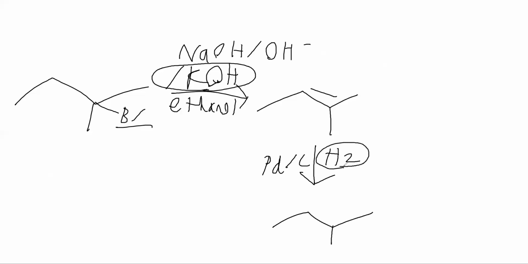If you just put H2 by itself and you didn't put the palladium, that wouldn't be entirely correct because H2 by itself probably isn't going to react with this. If it did, there'd be a lot of reactions like that going on. So you would need to put the catalyst. So that's just something to remember. Sometimes this thing on the bottom you have to put or it won't happen. But sometimes, like the ether solvent, you don't really have to specify. It's just good to put if you remember it. Okay.